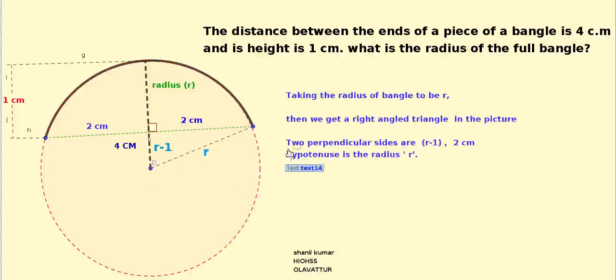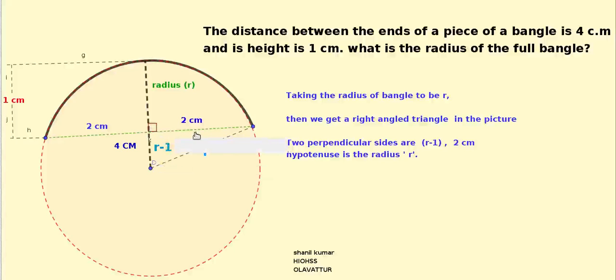Taking the radius of the bangle to be r, we will get a right triangle. What are the perpendicular sides?